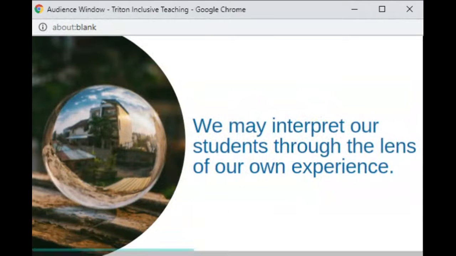So what's key to thinking about inclusivity from our faculty perspective is that we can't divorce the classroom and the faculty from who we are as human beings. And what that means is that we often interpret what's happening in our classrooms through our experience and our own lens of what has happened to us as students, maybe previous experience in the classrooms, and then of course just our basic understanding of who we are as people.